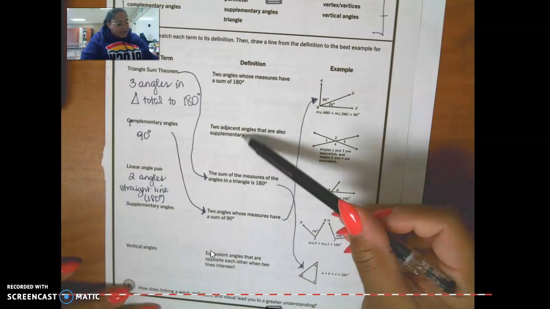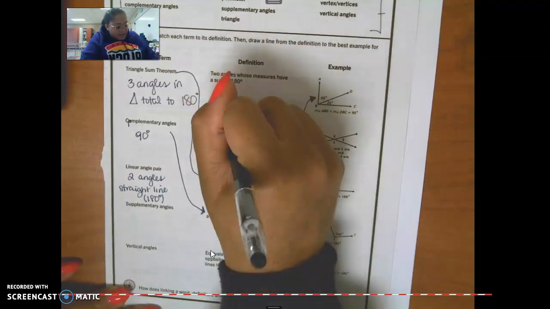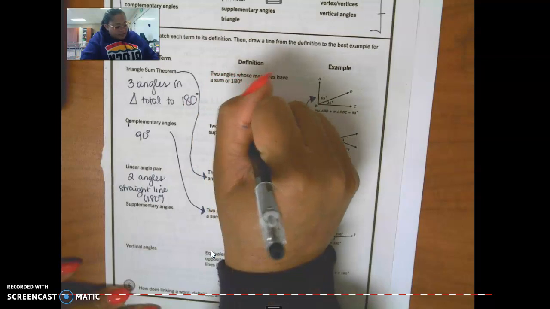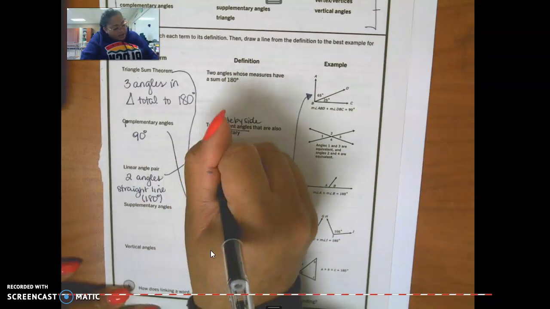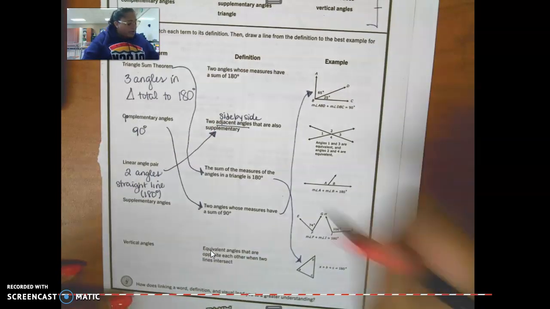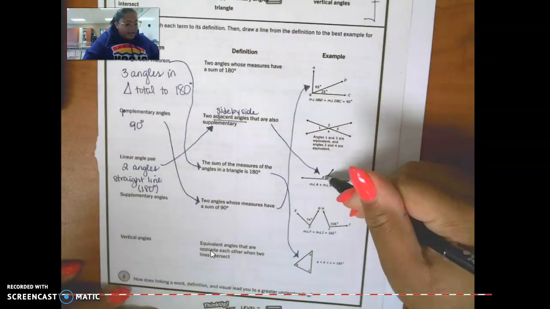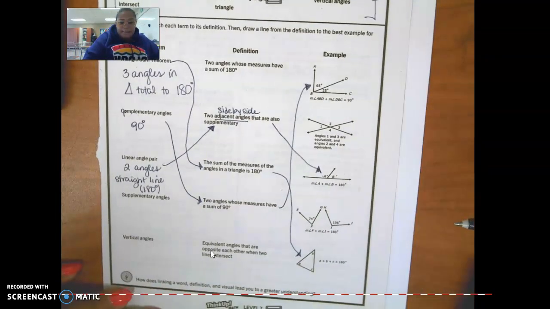So let's say supplementary, and they're also adjacent, which means side by side. All right, so those are linear angles, and they go in a straight line, so that's going to be right here. A and B have to be side by side like that.